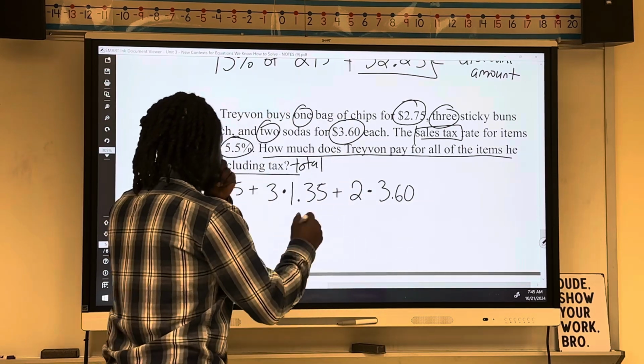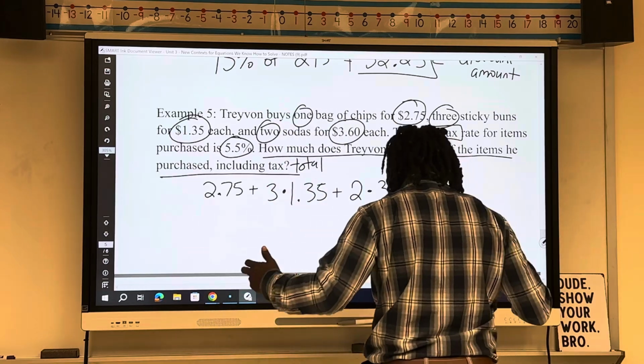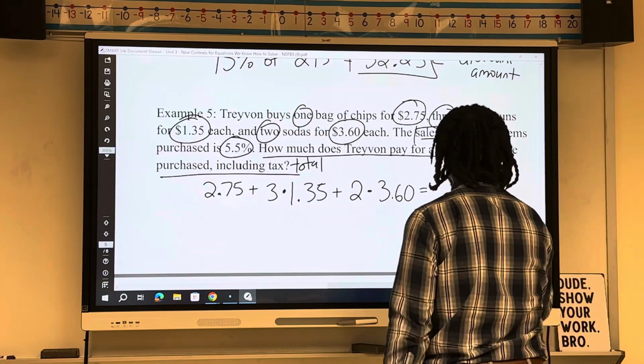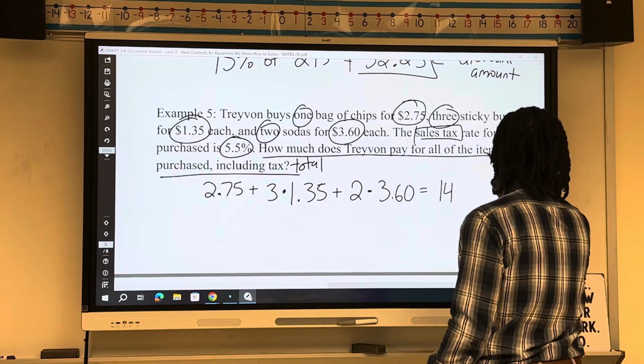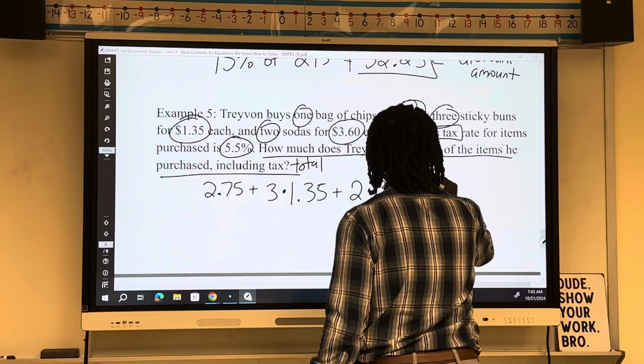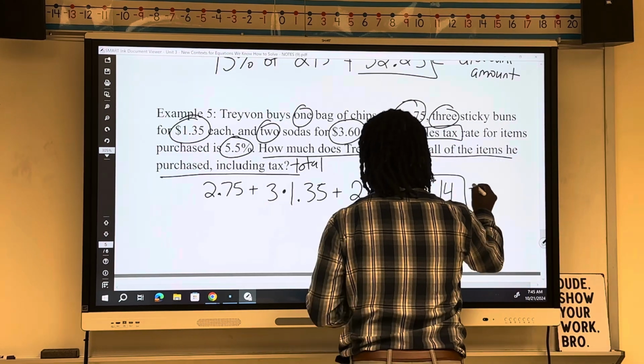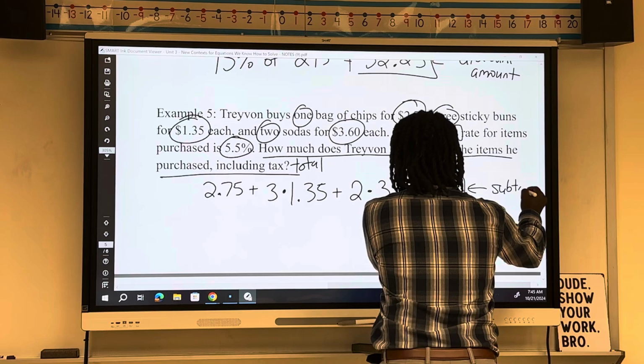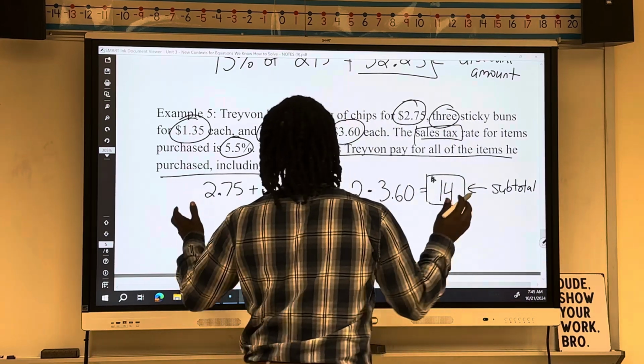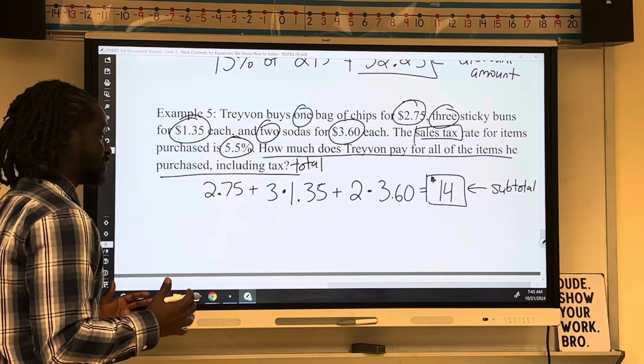And then that is gonna give me the subtotal. So I put it all into my calculator, and I'm going to end up with $14, okay? So this $14, that is the subtotal. That is the amount when I add up all of the purchases, okay?